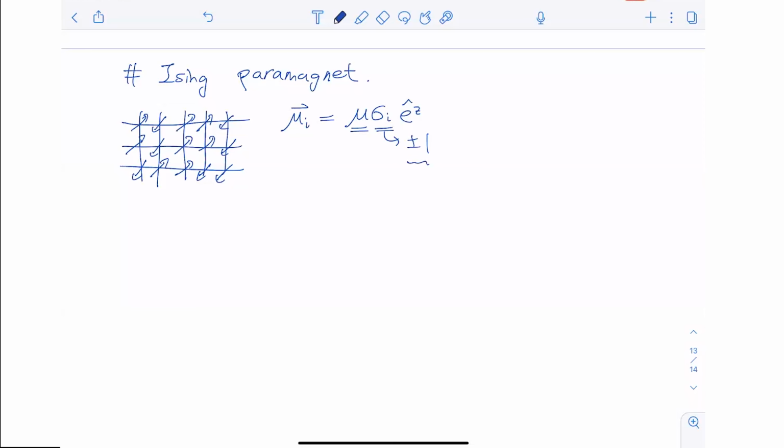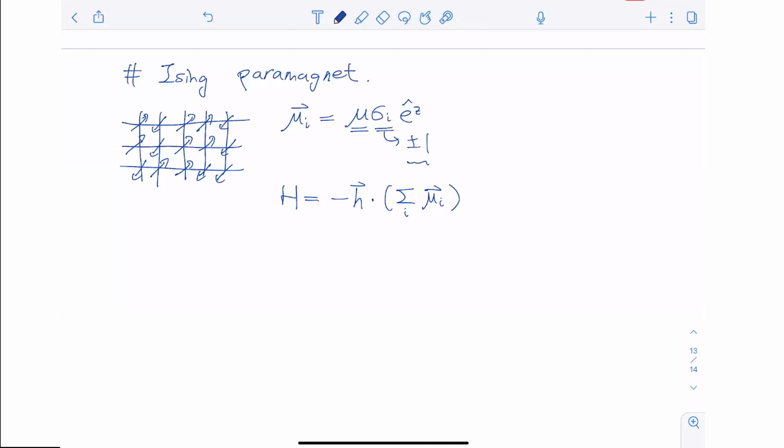So one of the key questions is, what is the energy of the system, or what is the Hamiltonian of the system? In this simple model of the Ising paramagnet, if we consider the external field, it will couple with our magnetic moments in this fashion.